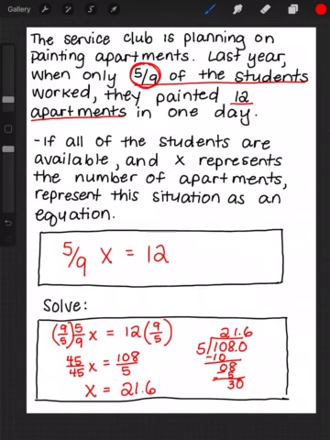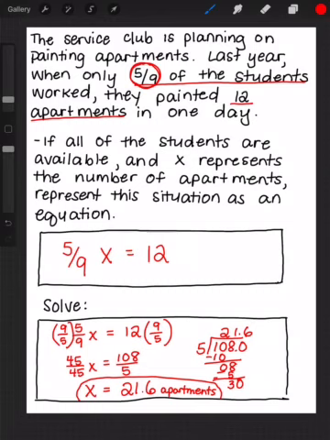Okay, so our answer would be that they could do 21.6 apartments if they were all there. So if all 9 of the students were there instead of just the 5, they could complete 21.6 apartments in a day.